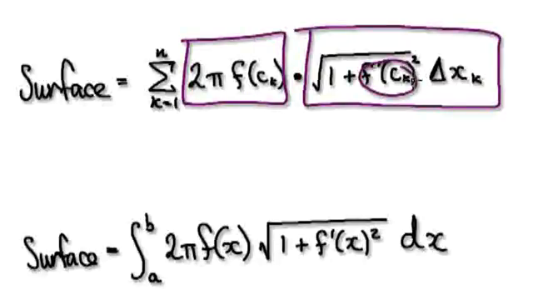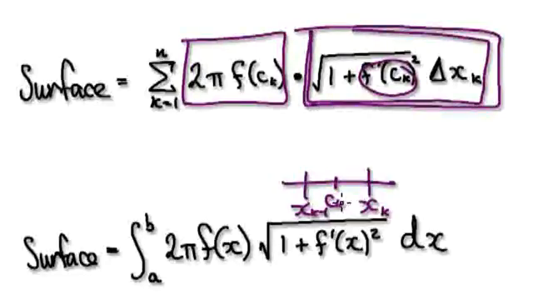We would use this because when we set up the interval, this is xk minus 1, and this is xk here, and our ck is somewhere in between the two. By the way, for when we worked out the arc length, this ck here would be different from this ck here.